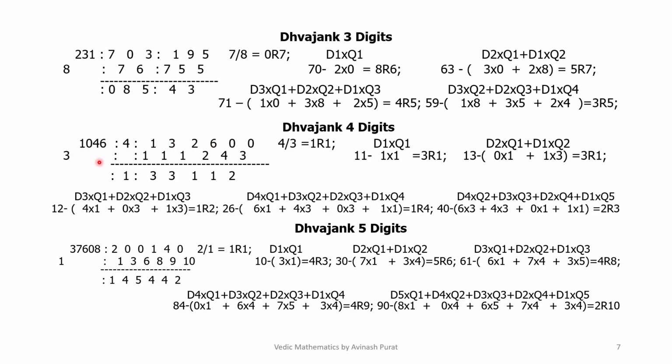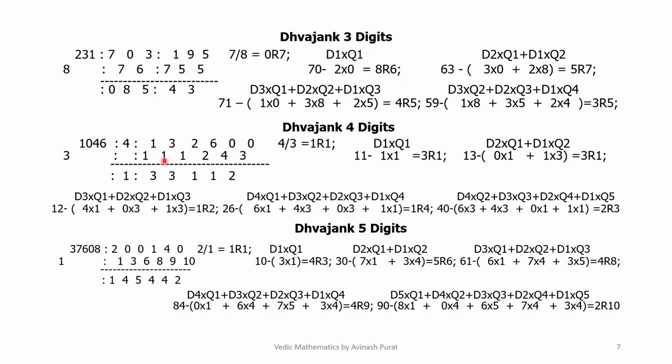Now 4 divided by 3 is 1. So quotient is 1 and remainder is 1. Now next dividend is 11. 11 minus D1 into Q1.